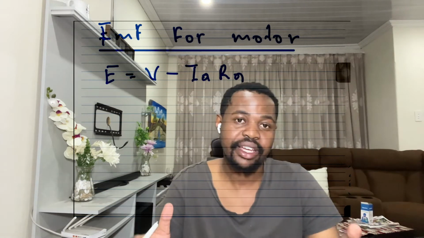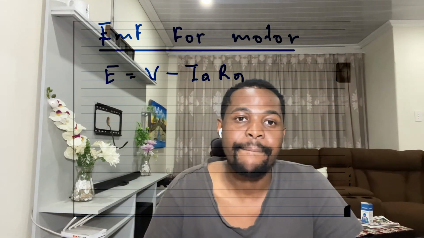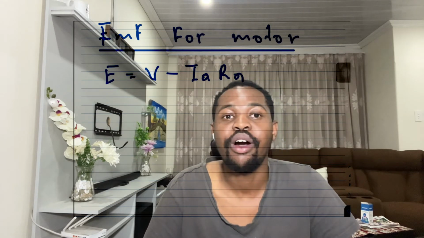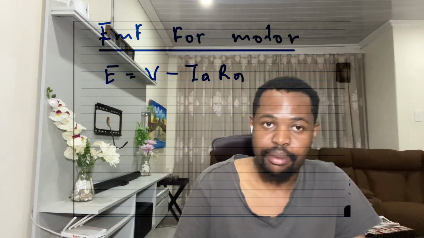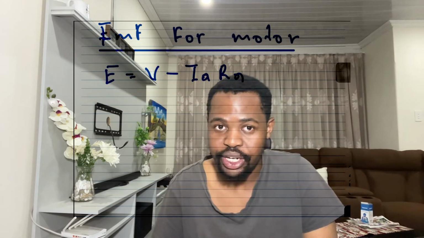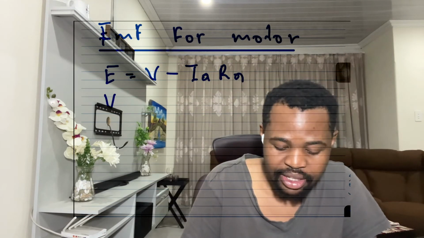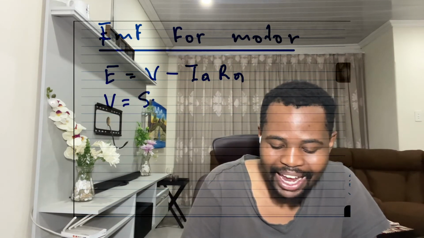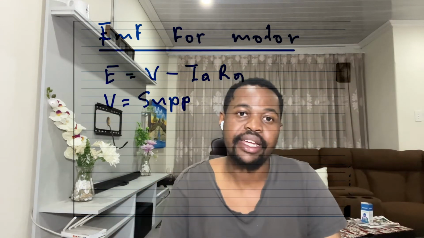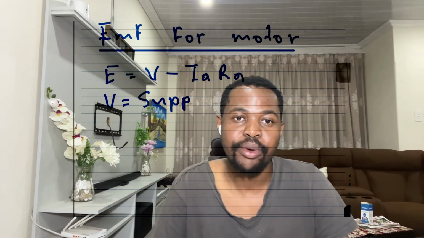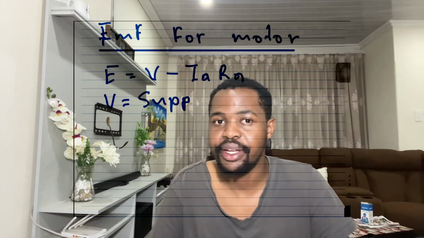I remember again, I've said it that E is basically the back EMF and E opposes the supply voltage. So E is the back EMF when we are talking of a motor. This V is the supply voltage in this case, because remember we are supplying the motor with electricity in order to get mechanical power.